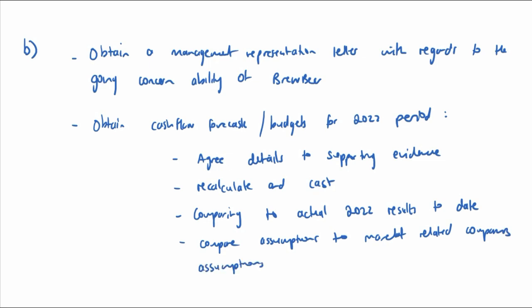So what is the market? Go and look at other breweries' assumptions that they've used in their cash flow forecasts to make sure that it does actually appear to be reasonable.